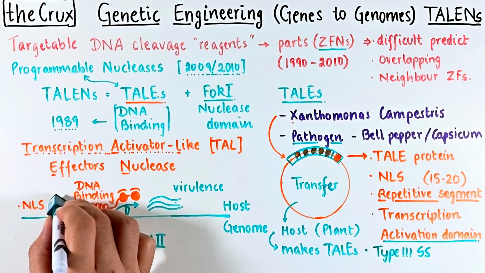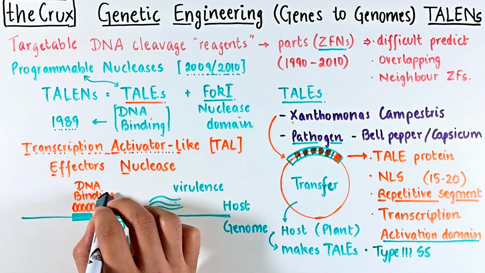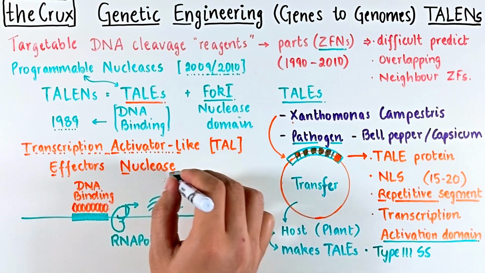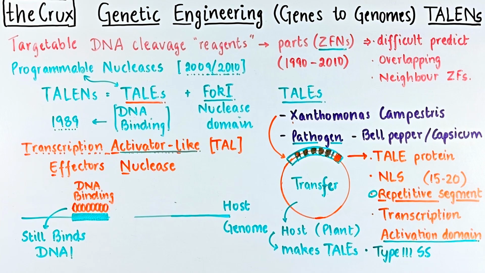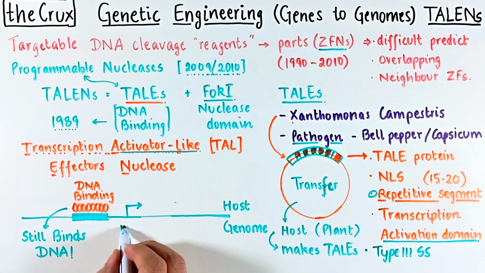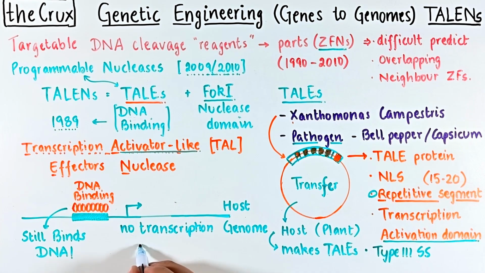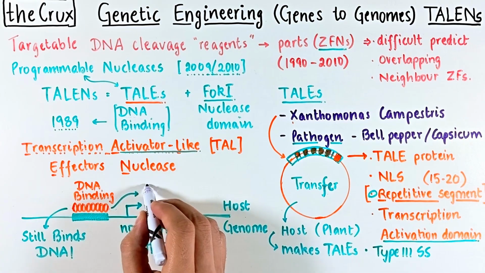Interestingly, in the TALE proteins, if you take away everything except the DNA binding repeat region, the repeat region activity remains unchanged. It still binds DNA perfectly. But as a consequence of removing all other parts, it cannot activate any gene, meaning that it does not behave like a transcription activator. When making TALENs, it's only this specific repetitive segment that is used.